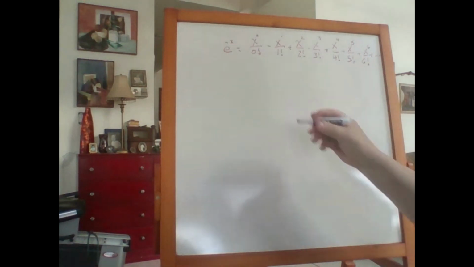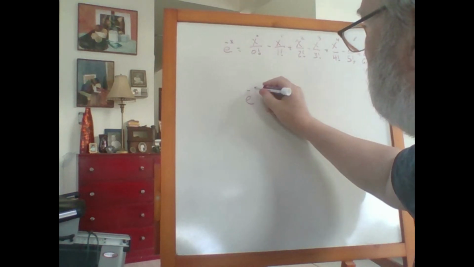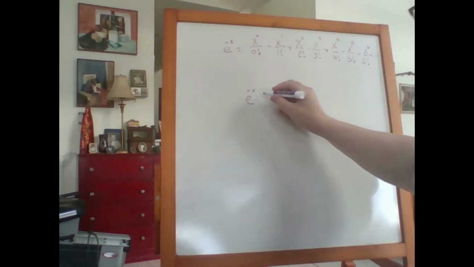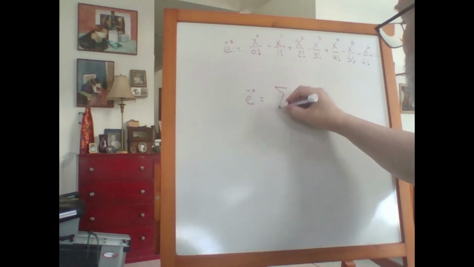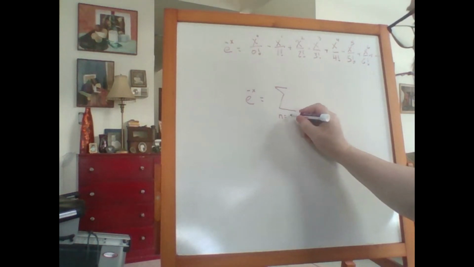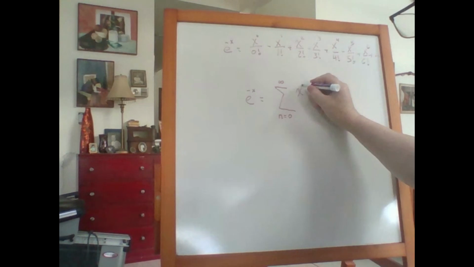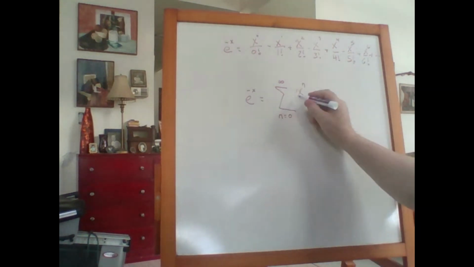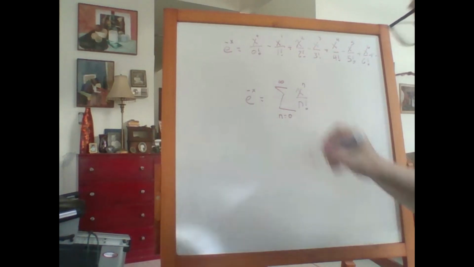So now we can try again and see if we can come up with a compact summation for this. N equals 0 to infinity, x to the n over n factorial.